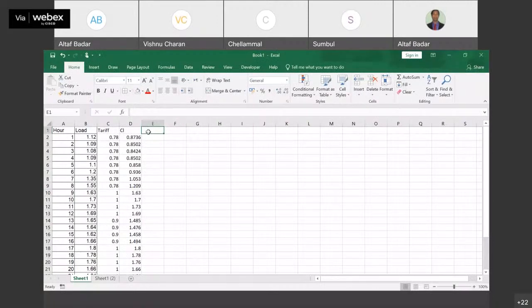Vishnu, can you just share what different columns you added here? I've added battery charging and discharging, in kilowatt.